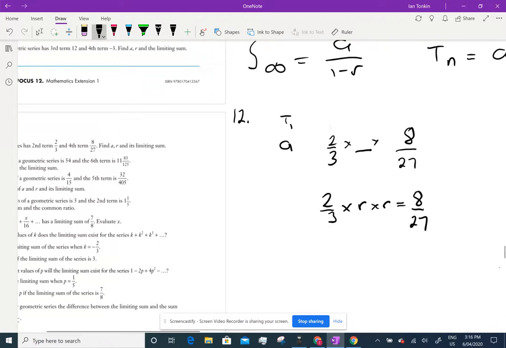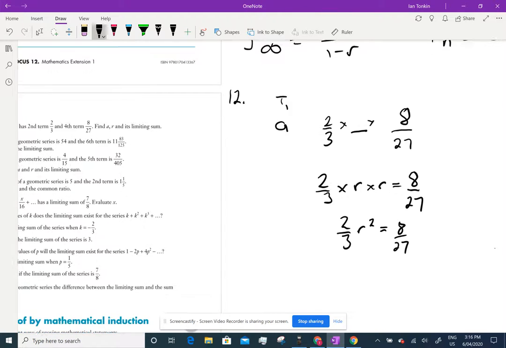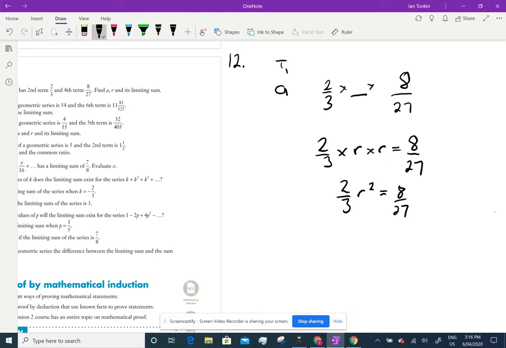So now 2/3 r squared equals 8 on 27. And if you go, I'm going to multiply the 3 across and divide by the 2. So r squared equals 3 on 2 times 8 on 27.